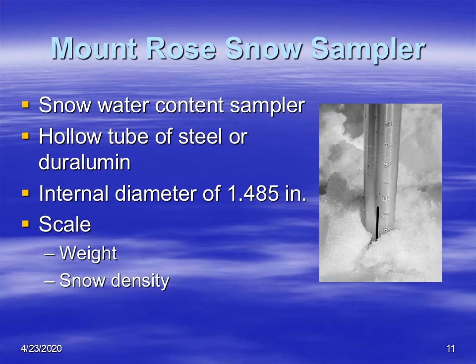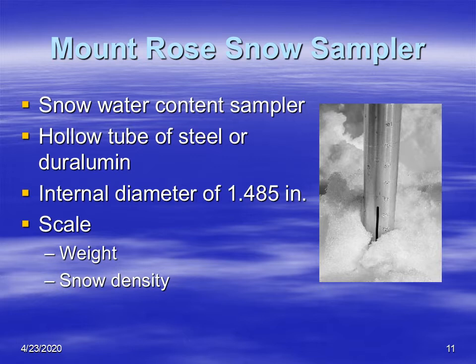There are some very expensive ones. There's one called the Mount Rose Snow Sampler, which is made of either steel or aluminum. It has an internal diameter of almost 5 inches, 4.85 inches. It has longitudinal slots where you can clean out the snow after you're done measuring.